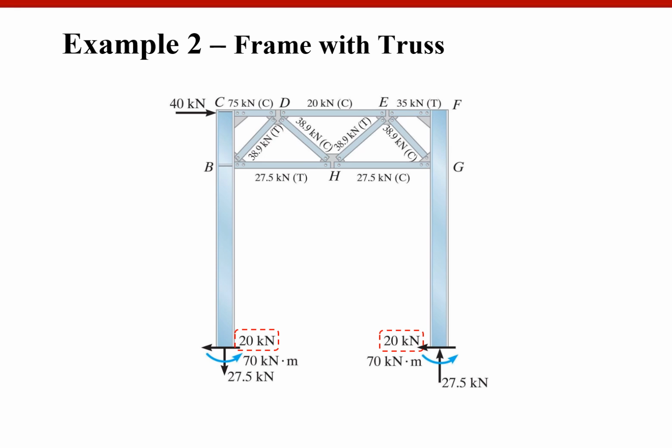And because we are expecting the inflection point at half height, which is 3.5 meter from the bottom, my moment will be 70, 20 times 3.5. So you should be able to read this type of total frame as long as you have the lateral force given. Then instantly you should be able to calculate the base shear and base moment.